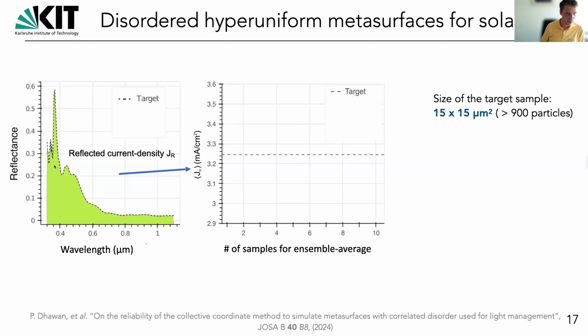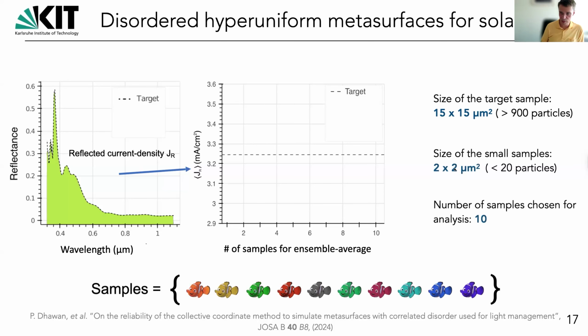So from that kind of function here, we can calculate the average reflectance current, which is like the current density that is lost due to the reflection of light from the front surface of this metasurface that was put actually on the actual solar cell. And then we can do basically this sort of small scale sample.